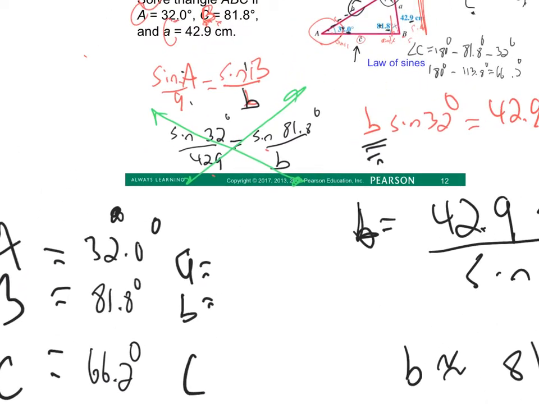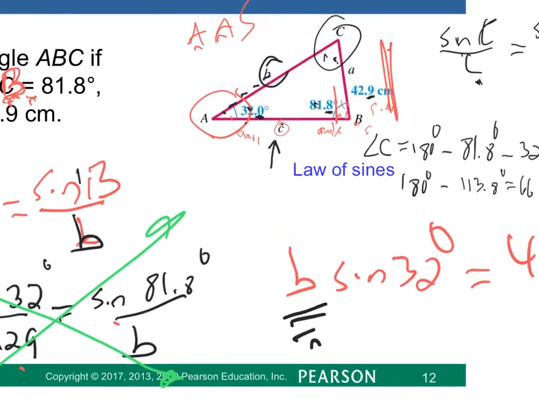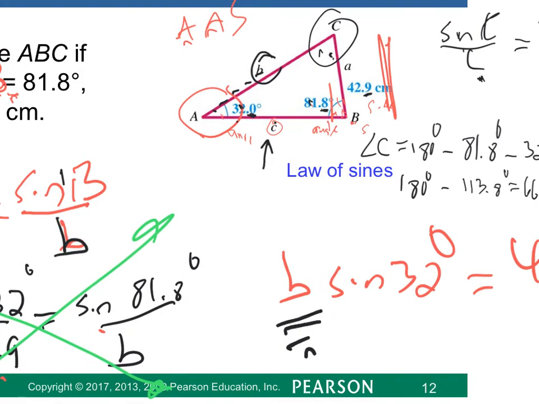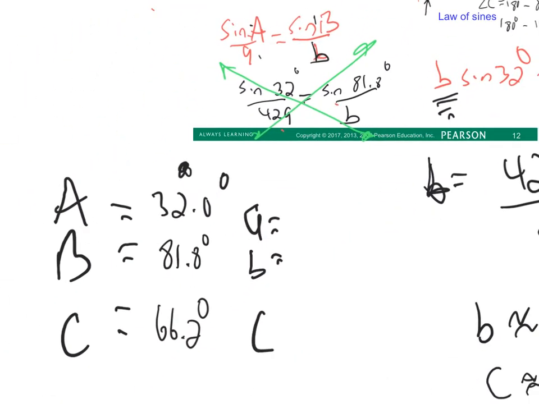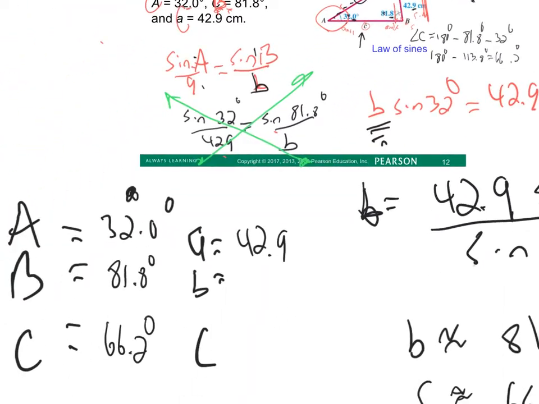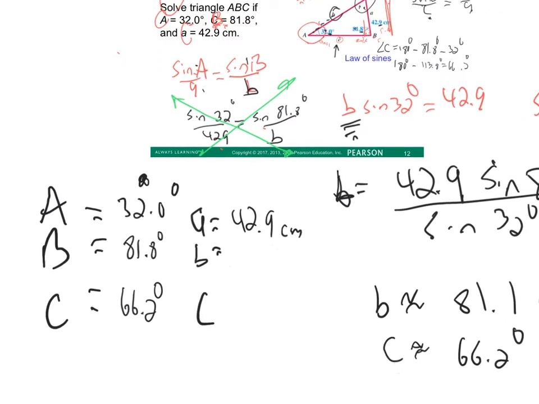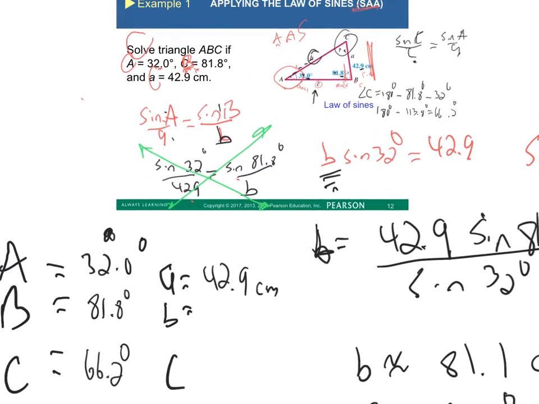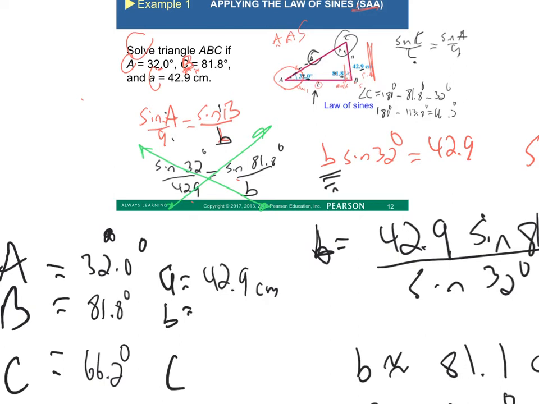Side A was given to us as 42.9. What was the unit? Centimeters. Side B I just did. Oh, wait a minute. Oh, that's right. We reversed it. Side B is 42.9.